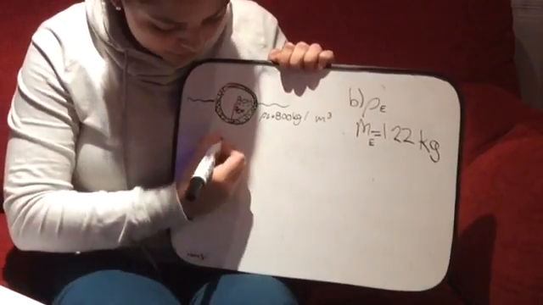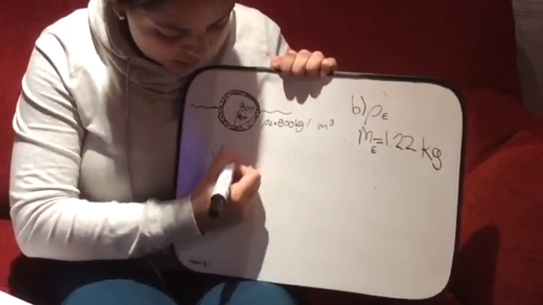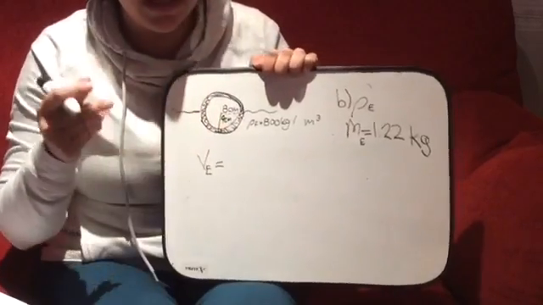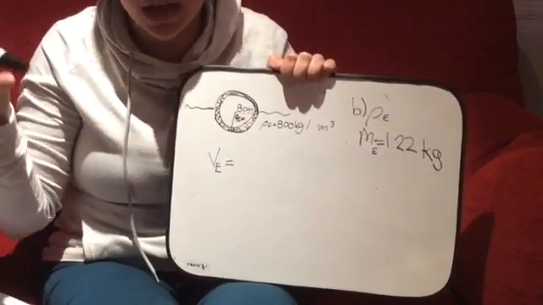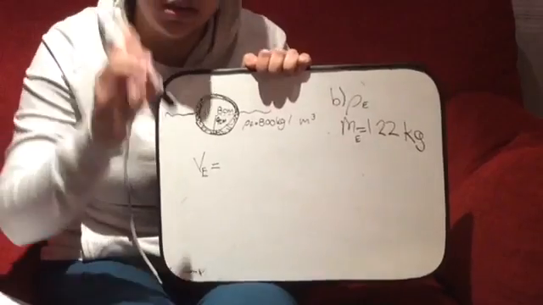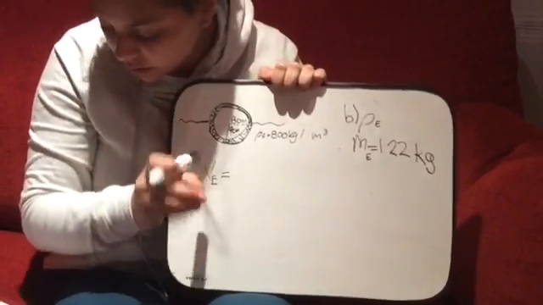So this volume can be obtained by subtracting the volume taking into consideration the outer radius minus the volume taking into consideration the inner radius.